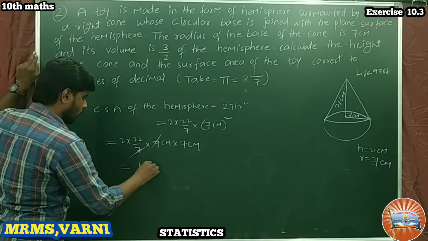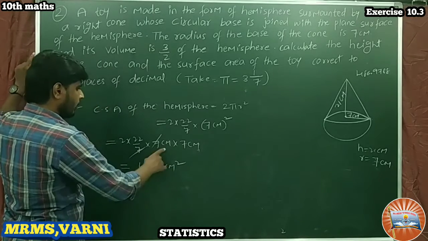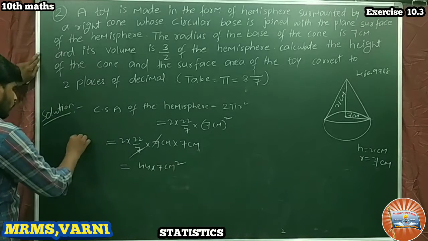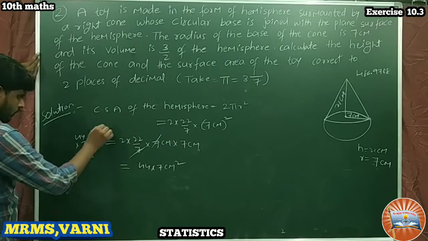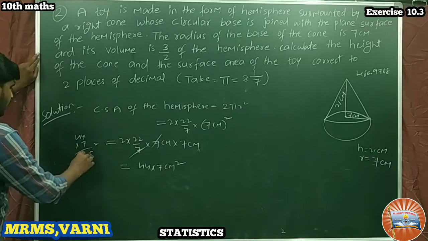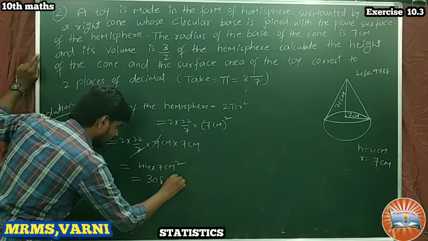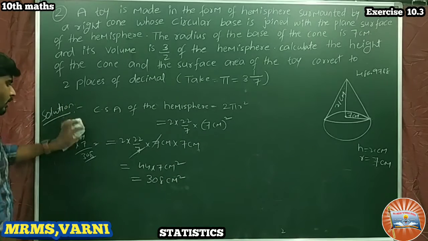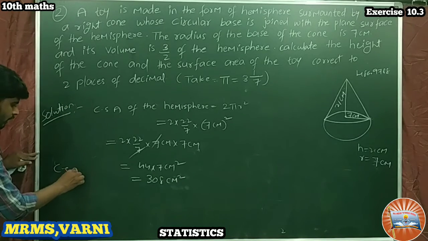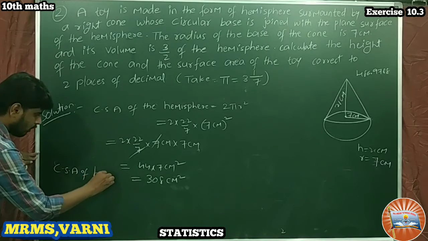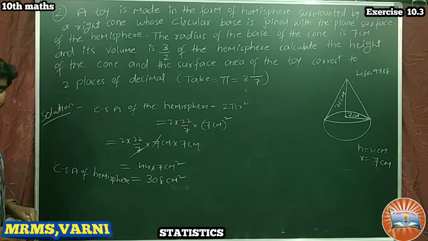It is 44 into 7 centimeter square. 44 into 7, 7 fours are 28, 30, 308. So 308 centimeter square is the curved surface area of the hemisphere, isn't it? So now what is required?